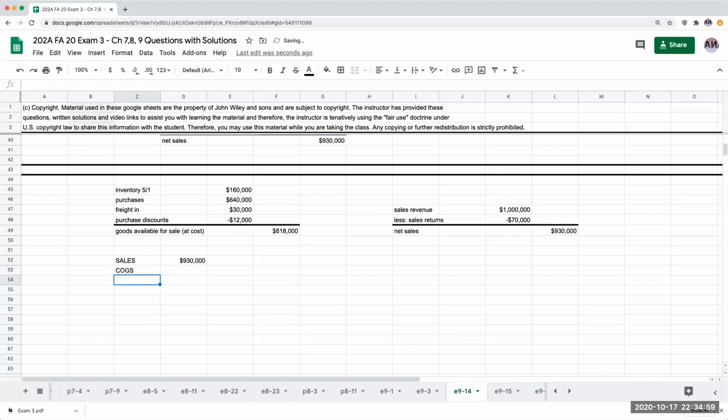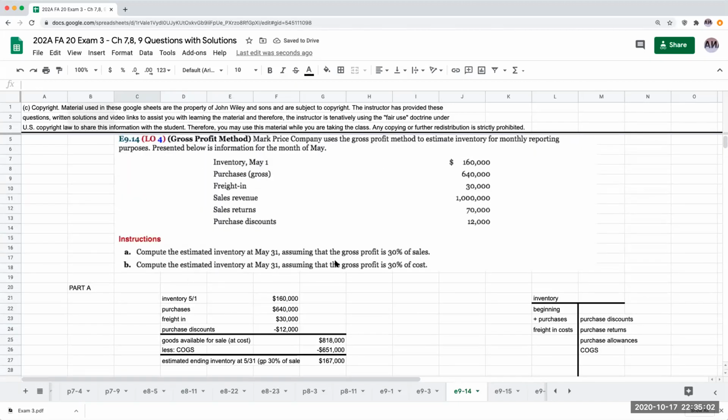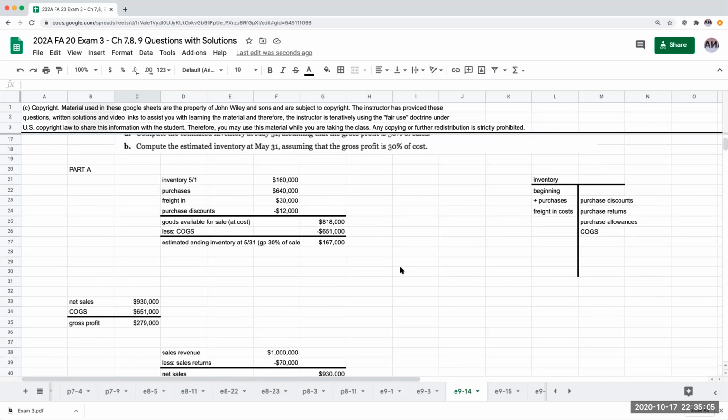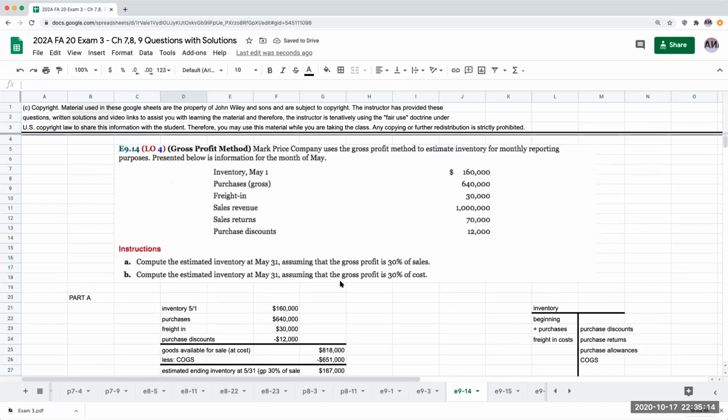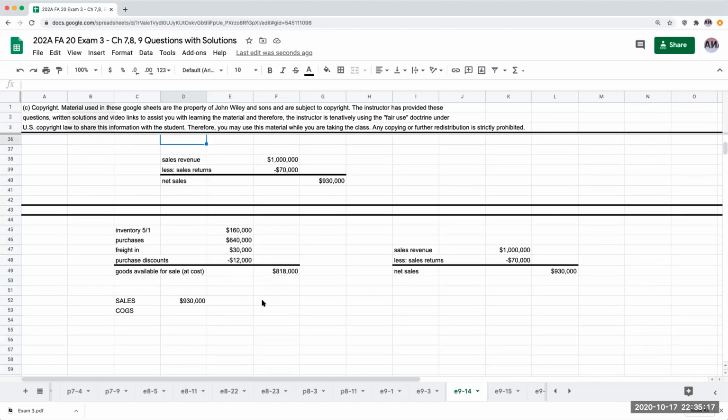So here we have computed, assuming that gross profit is 30% of cost. Before, I said this is 930 times 30%. But now the gross profit is 30% of cost. So my gross profit is going to be 30% of cost, or if I call cost of goods sold X, my gross profit is going to be 0.3X. So I've got 930,000 minus X equals 0.3X.